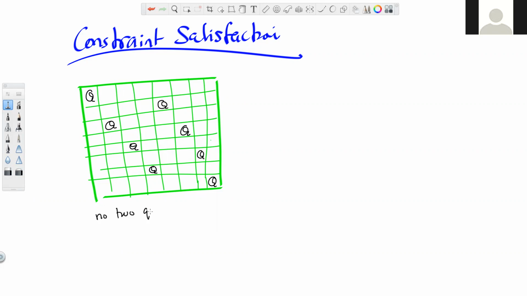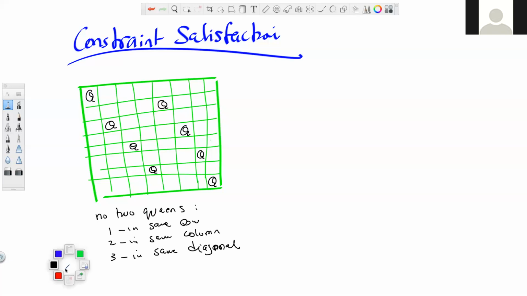No two queens in the same row, in the same column, in the same diagonal. Let's call these 1, 2, 3. You are not allowed to have two queens that sit in the same row, in the same column, or in the same diagonal.